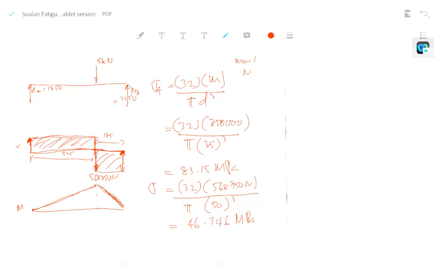So here we prove that the bending at the fillet is higher than the bending at the force acting on the shaft. This is the critical one, so we need to proceed with this for further analysis.